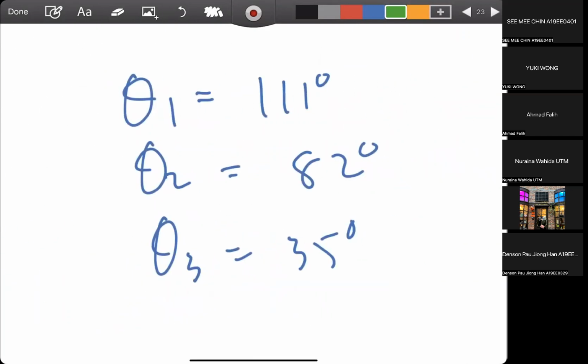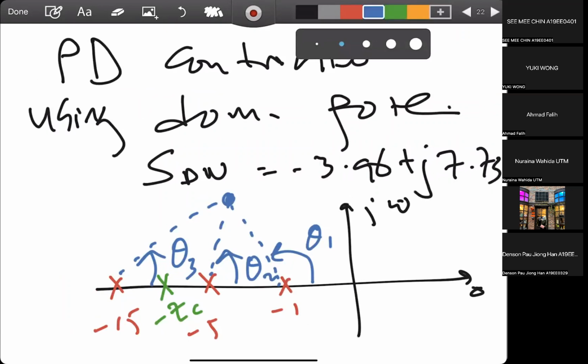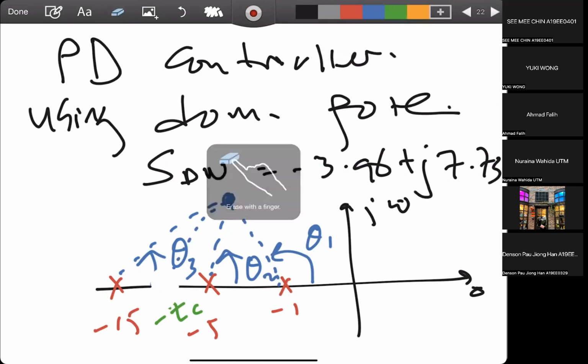Ya, ini bukan pole, ini patutnya ada zeros.